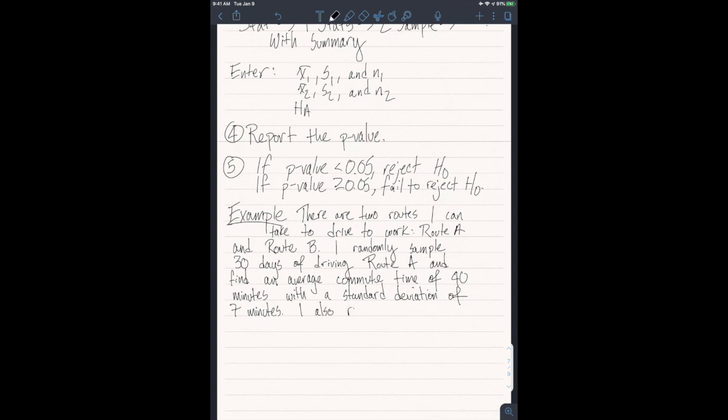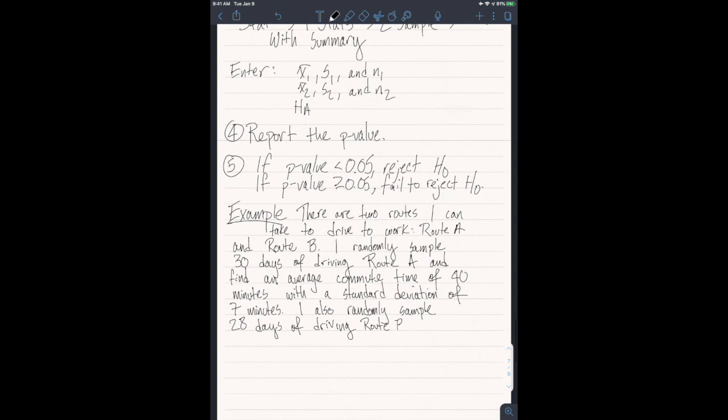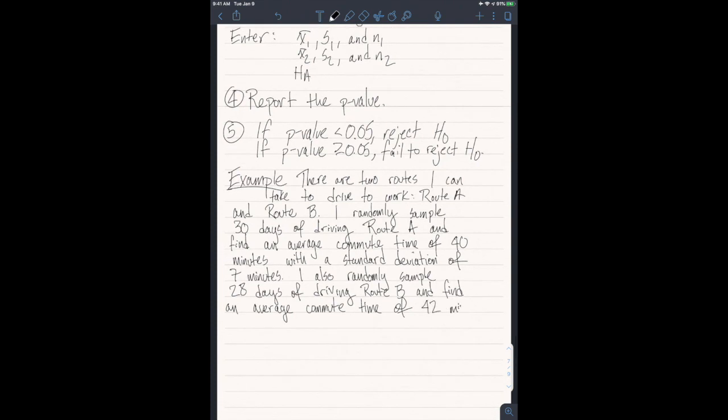Also randomly sample, say, 28 days of driving route B and find an average commute time of, let's say, 42 minutes with a standard deviation of 3 minutes.